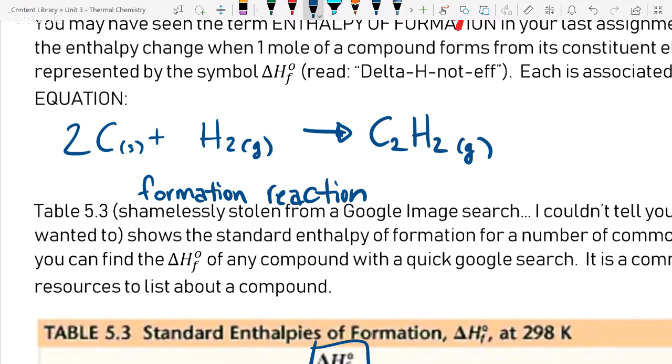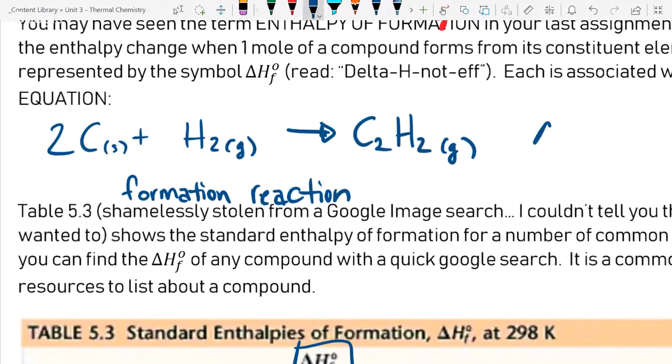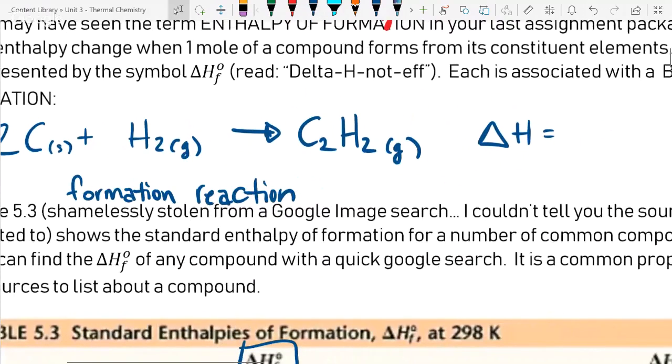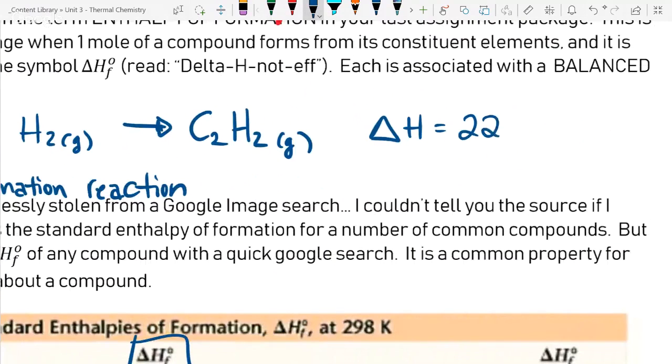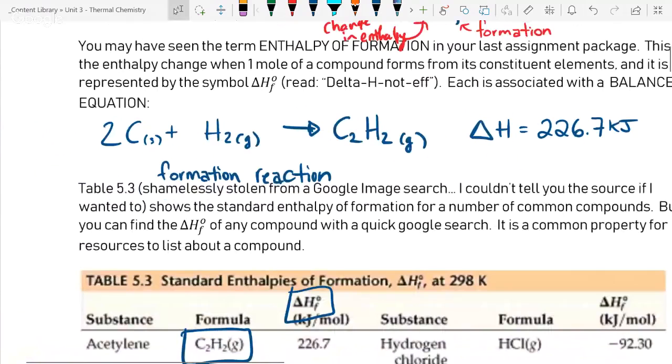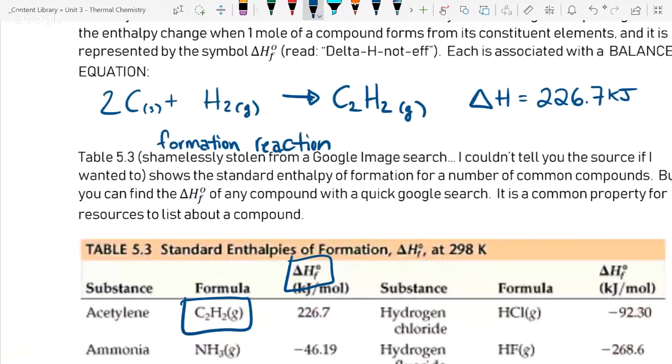Does that make sense? Questions about that? Okay. What would the delta H of this be now? Look at the chart below. For this reaction, the delta H would be 226.7 kilojoules. And again, when we report it as a delta H naught F, we have to say per mole.